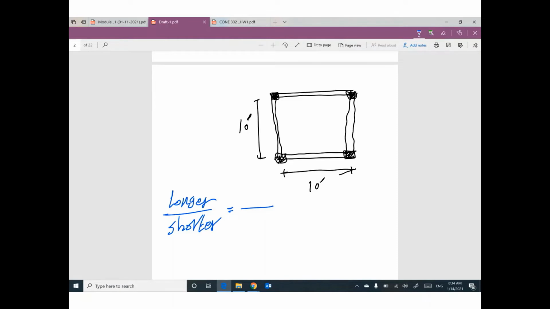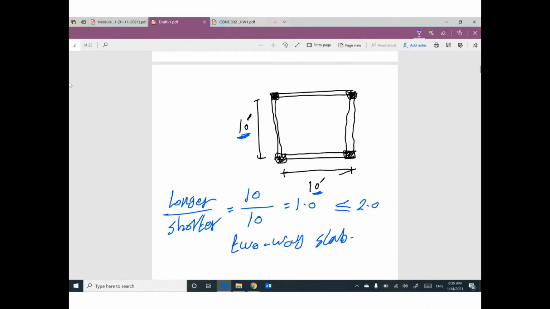Which dimension is shorter? I don't know. So I will assume the longer one will be this one, the shorter one will be this one. So 10 divided by 10 equals 1. That's fine. 1 is a number smaller than or equal to 2. So your slab will be a 2-way slab. That makes sense.